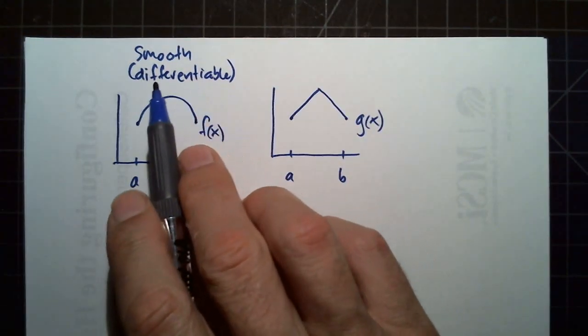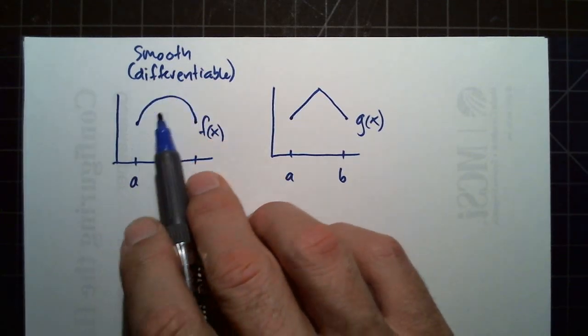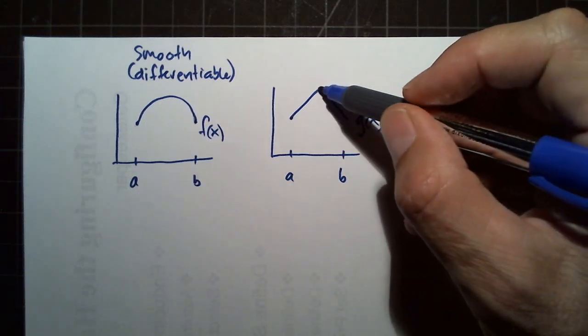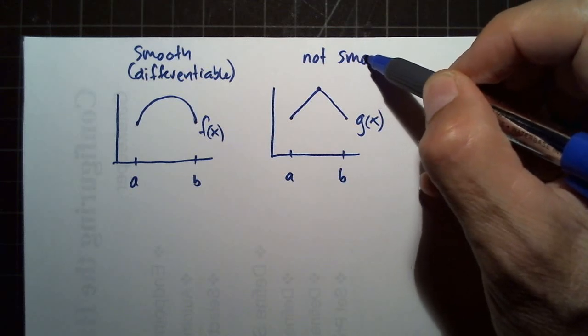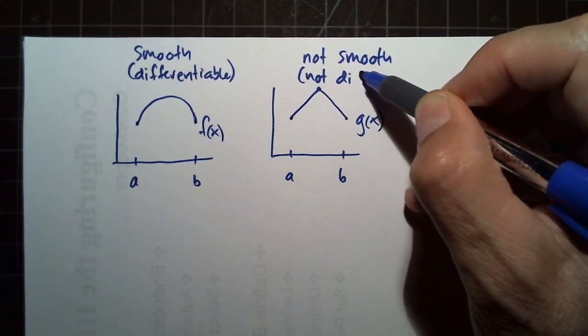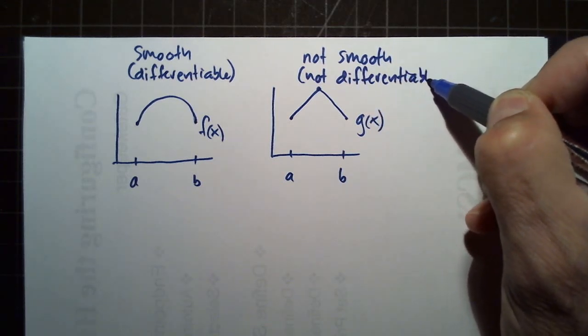We are able to take the derivative. We are able to differentiate the function because there's no corners on the graph. But at this point, it's not smooth and it's not differentiable.